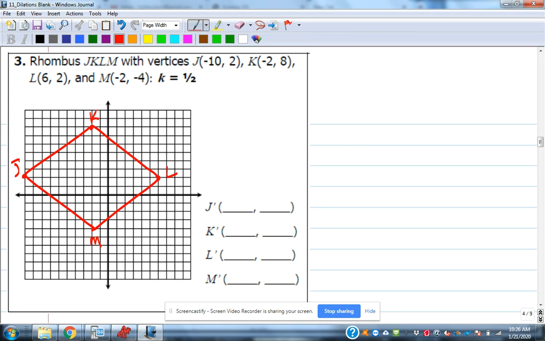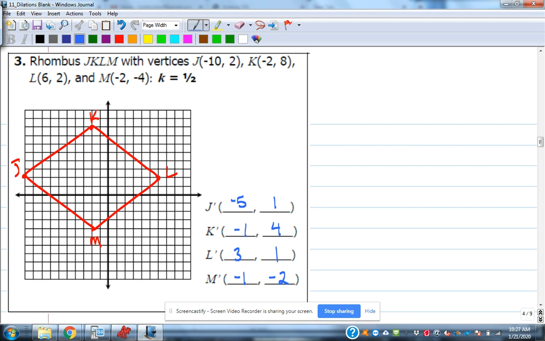All right, so let's get our image ordered pairs. Again, it's just multiplying. So 1/2 times negative 10 would be negative 5. 1/2 times 2 is 1. 1/2 times negative 2 is negative 1.